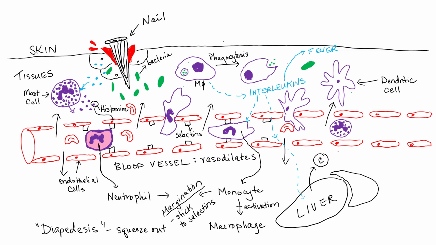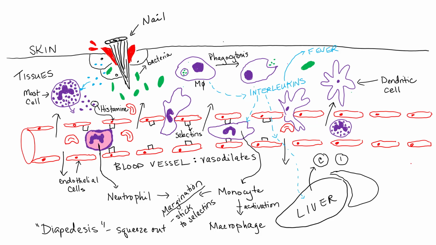If you happen to find another video on it, I usually don't like to show you other videos on complement because everybody gets all panicked as they see how complicated it can get with all these different enzymes. So let's just simplify it and say that there's an interleukin signal that reaches the liver, and this is a signal that tells the liver to begin producing and releasing complement proteins that become activated.